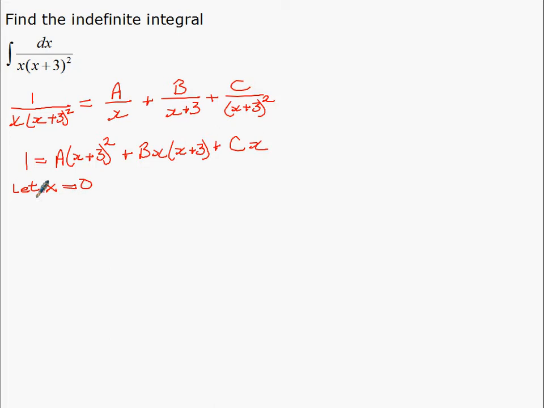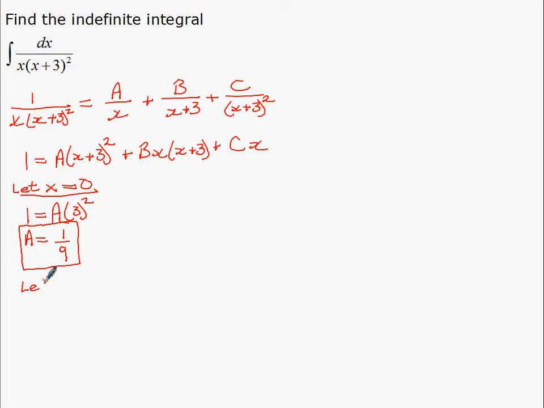So we'll start with x equals 0. That'll cause this term and this term to disappear, so we end up with 1 equal to A times 3 squared, 0 plus 3 is 3, plus B times 0 plus C times 0 are gone, meaning A equals 1 over 9. So there's our A value.